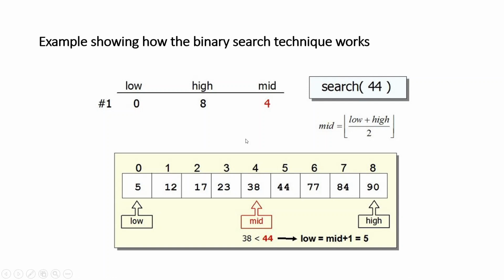Then divide this list by 2. The first index is the low value, and the last index is the high value. So low is 0, high is 8, and the mid value is (low plus high) divided by 2, which is 4. Now I want to search for the element 44.